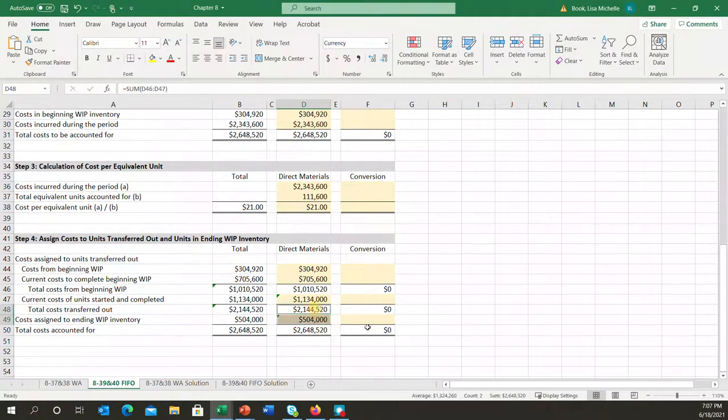Adding that to my cost transferred out of $2,144,520. And again, no coincidence, I have accounted for my total cost of $2,648,520. Again, you would want to do conversion on your own to add that to your direct material amounts.